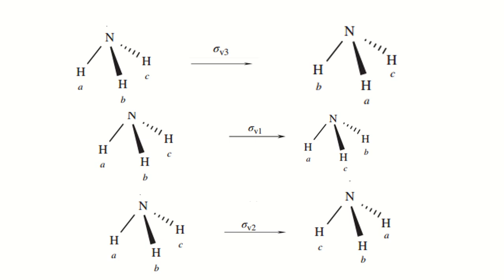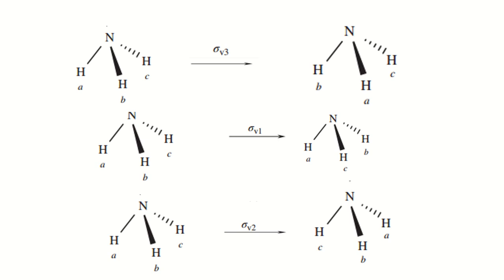So what happens if we apply sigma v3 to this molecule? If the plane of symmetry is at this angle, then after applying sigma v3, we have to bear in mind that HC, which is hydrogen C, should not change its position, because this is the plane of symmetry for the sigma v3 axis.